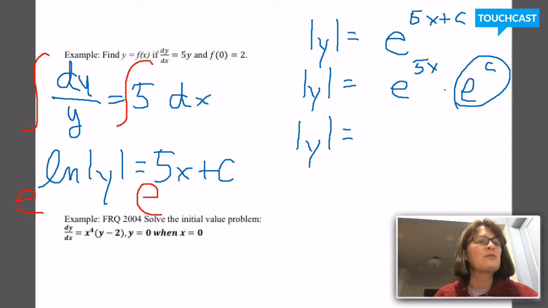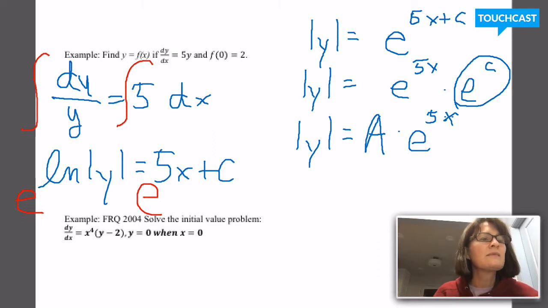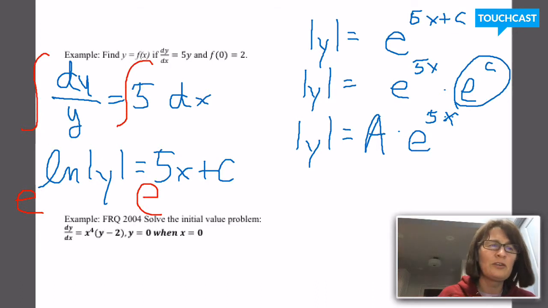So in here, the absolute value of y is equal to A times e to the 5x. That's an x. Now, do you have to go through this actual process? No, I think you can actually solve this problem without recognizing that e to the c is a separate constant that you could write here as a multiplier. But I want you to know what you see when you see this in the textbook, because that's how typically this is done. So the absolute value of y is equal to A times e to the 5x.